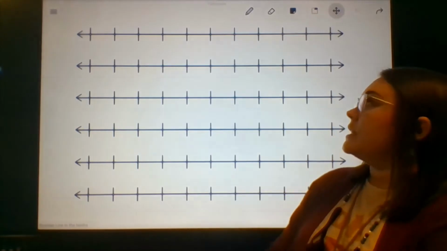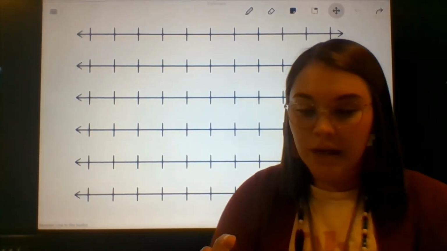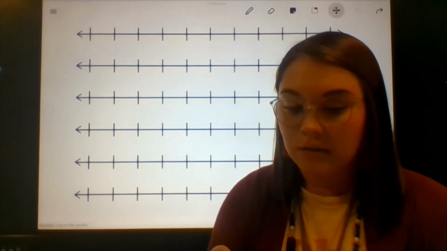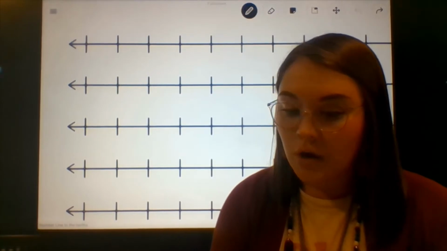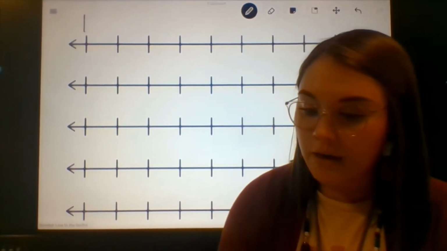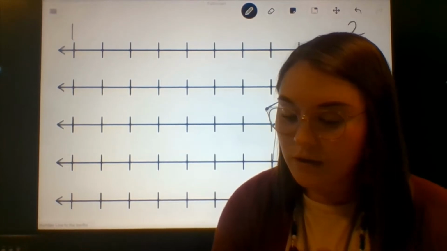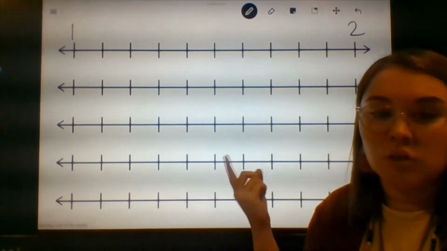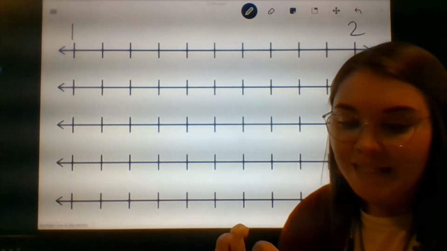So this is a tenths number line. And so let's see if I can get this to work, guys. All right, there we go. Okay, so I'm gonna write a 1 right here, and a 2 right here. So in between the 1 and the 2, there are 10 tenths.